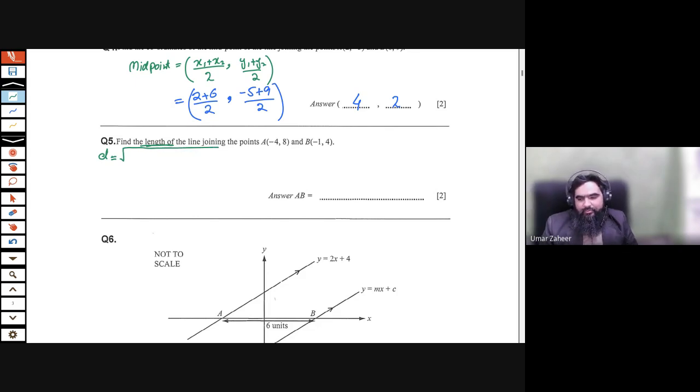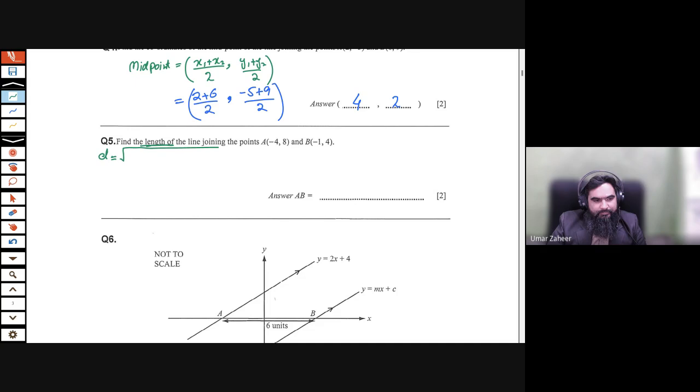Before you join the practice session, you have to remember all the formulas with understanding. What is the distance formula?